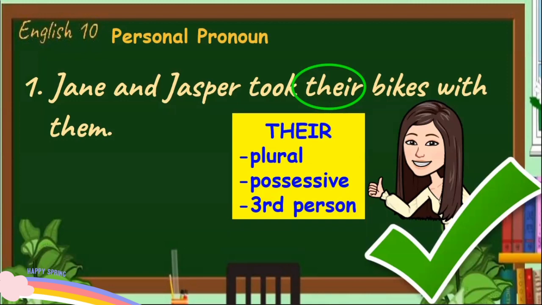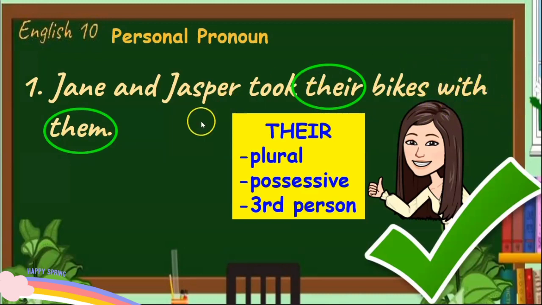Okay? I hope you got it all correct. Then the next one we have them. This pronoun them, in terms of number, is considered as plural. Next, the case is objective. We can say that them is the object of the preposition with.